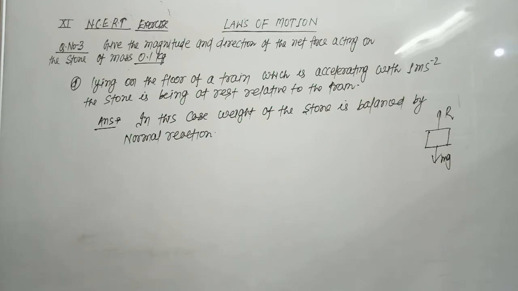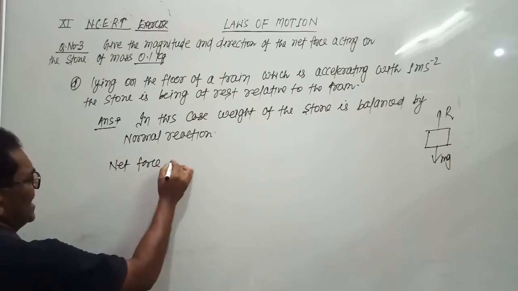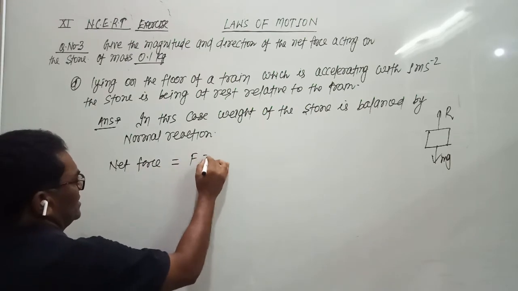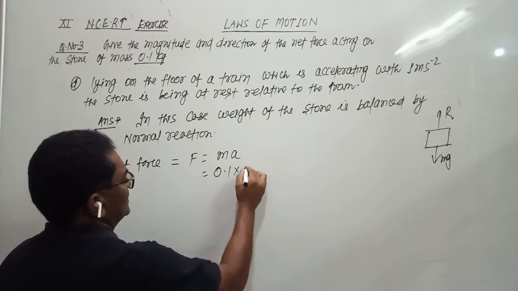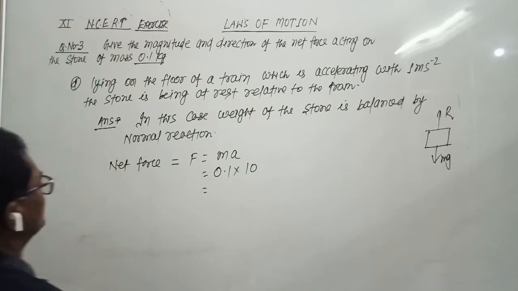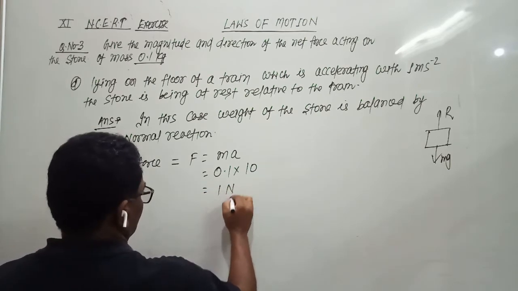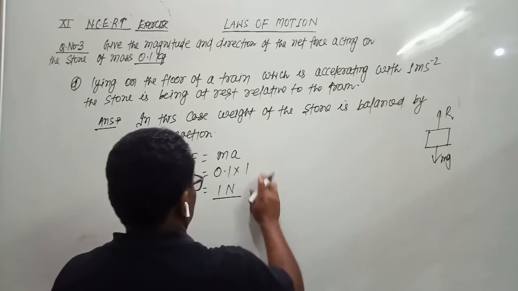Due to the acceleration produced in the stone, the net force acts in the horizontal direction. So the net force equals m into a, mass is 0.1, acceleration is 1 meter per second square.